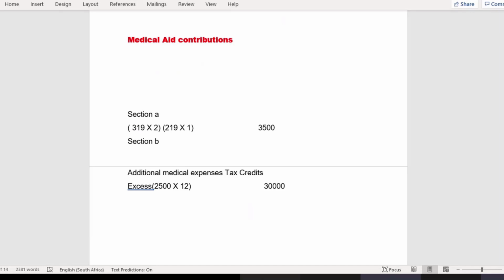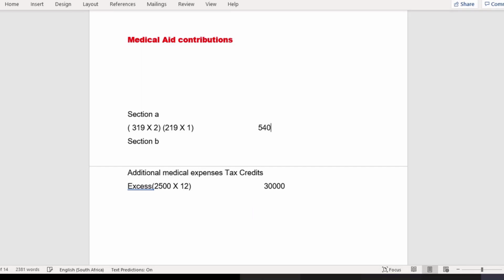Let me calculate it. I'm not sure. 319 multiplied by 2, and then plus 219 multiplied by 1. I don't think I'm calculating it correctly. It gave me an amount of 540. Okay, that's fine. Okay, 540.